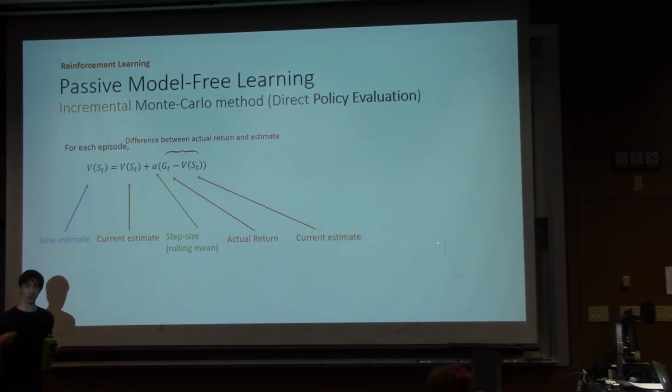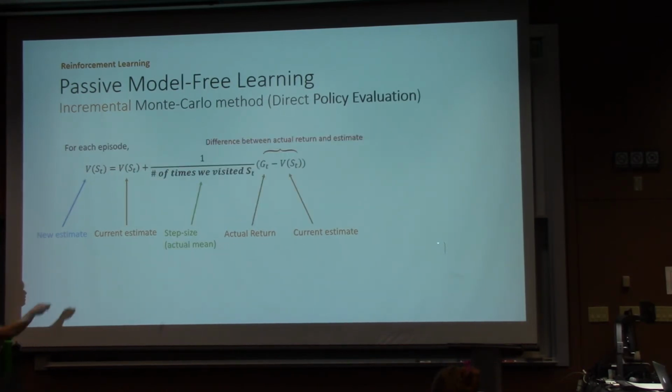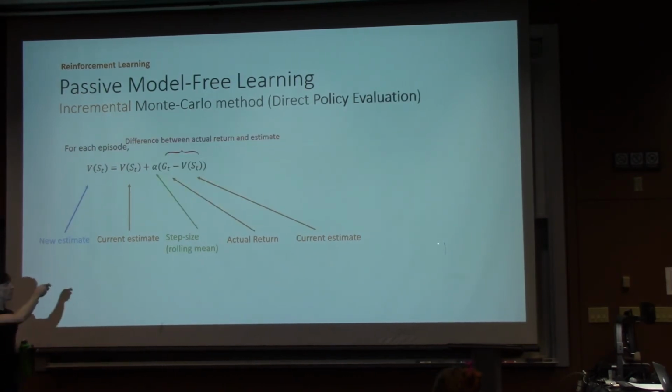We want to say that the new episodes, our new values, have more weight. And eventually we want to forget about those old weights because they didn't have that much information involved. So instead of calculating the actual mean, we can calculate a rolling mean by just replacing that 1 over the number of times we visited state S with alpha, some value between 0 and 1.